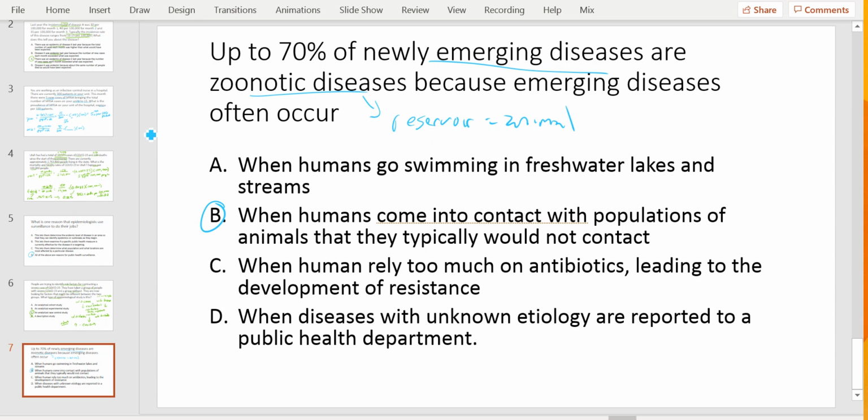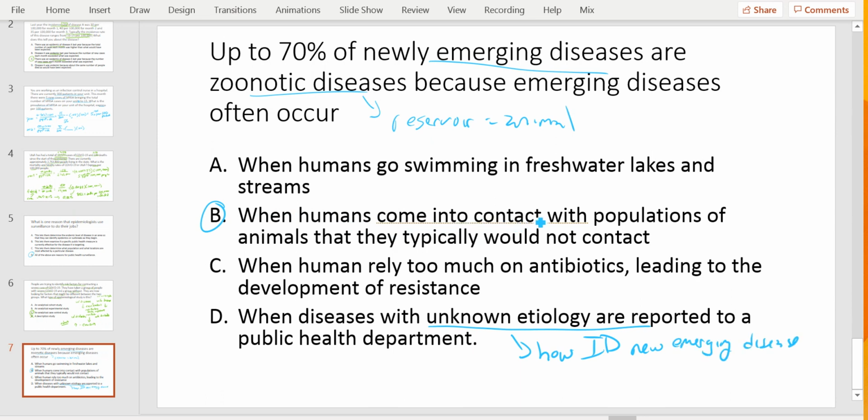As things warm up, mosquitoes can live in greater areas. That's bringing new transmission and new diseases into those areas. And so newly emerging diseases are brand new to humans. Okay, D here is important because reporting these unknown etiologies is how we identify that there is a new emerging disease.